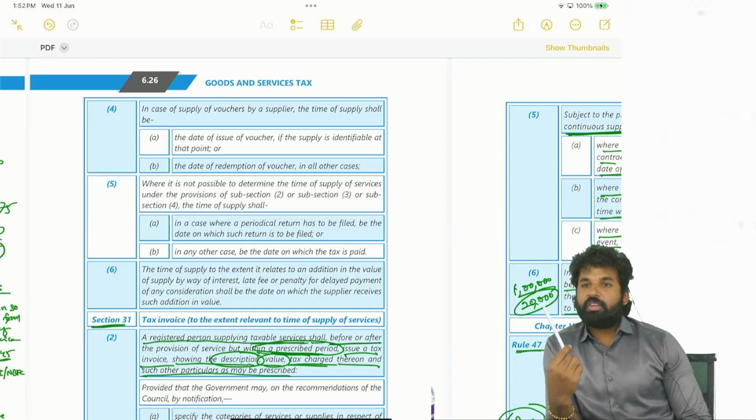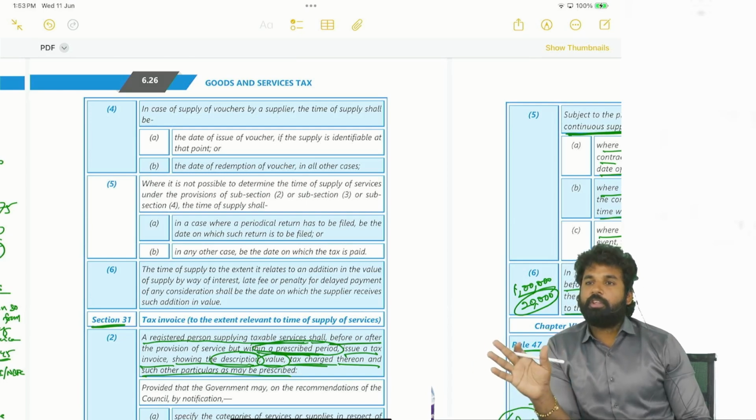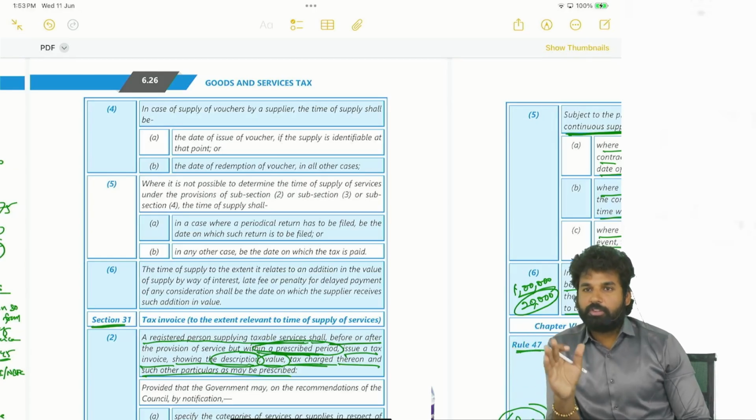In case of enhancement in value, it is the date of receipt of payment, when it is received. In case of residual cases, if periodical returns are required to be filed, then date of return filing. If it is not required, then whenever you are making the payment, that time will be the time of supply. So this is the residual case.